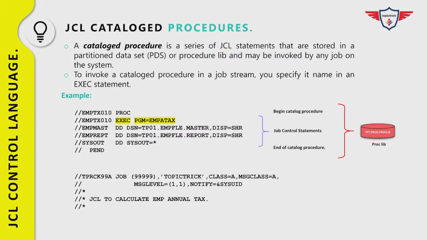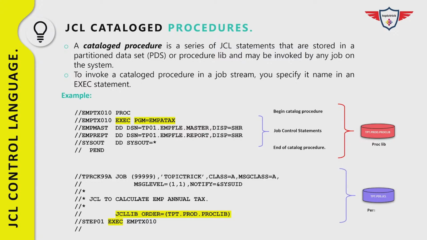tpt.prod.proclib. Now if you look at the JCL, it also has the same steps, that is a job card, comment section, and then execute statement. The only additional statement that I've included in this JCL is JCLLIB ORDER. JCLLIB is used to provide your personal PDS where you have stored the catalog procedure. So whenever you create a catalog procedure and store it in your personal PDS, you should always use JCLLIB before invoking that catalog procedure.